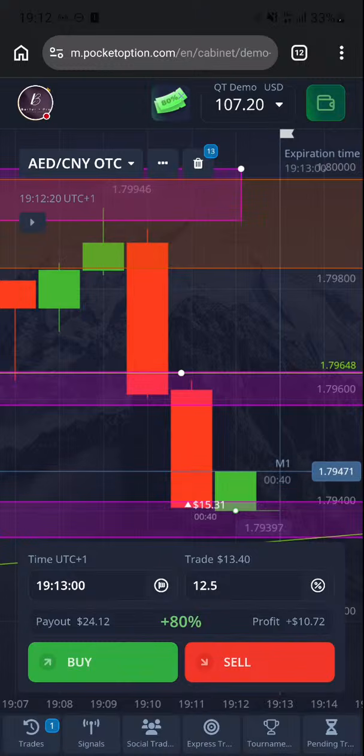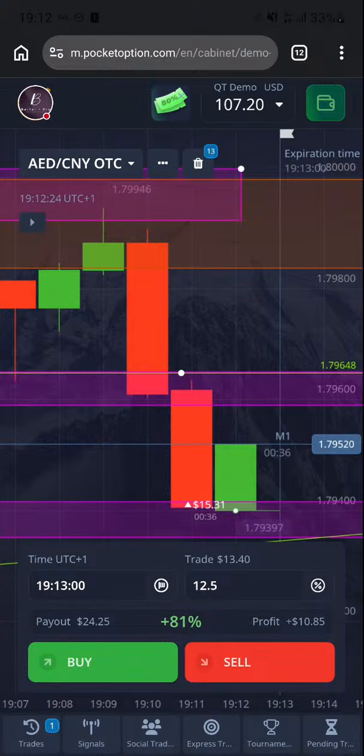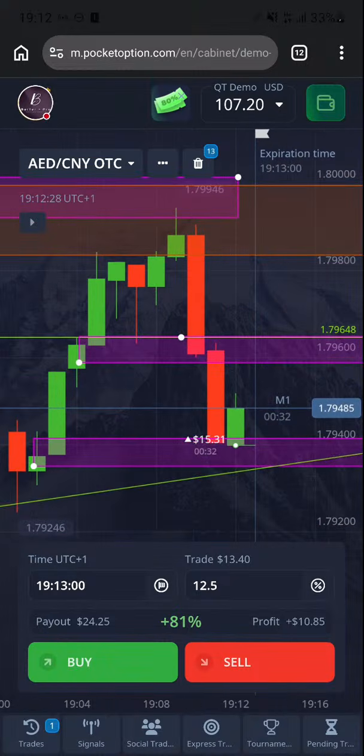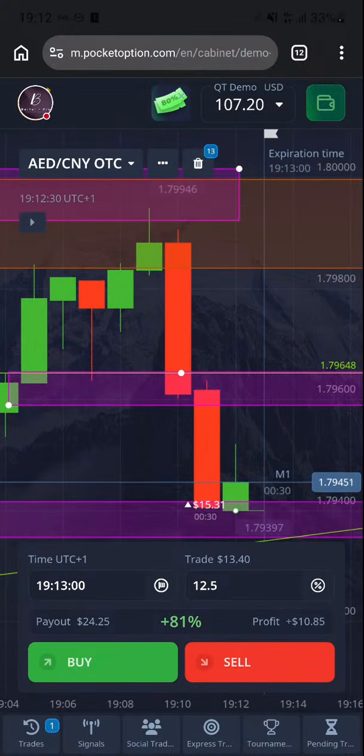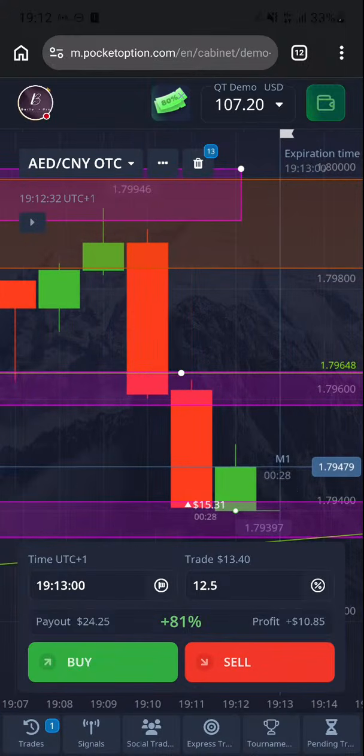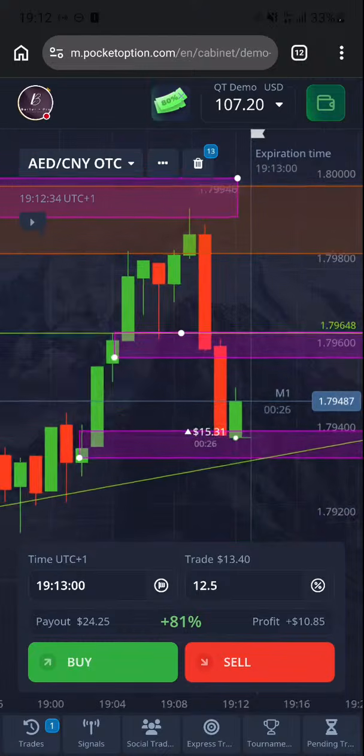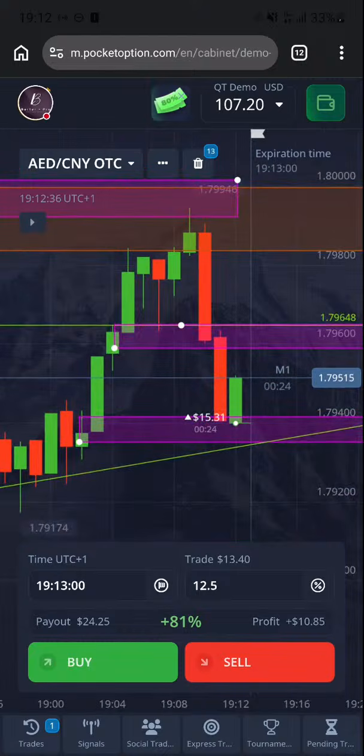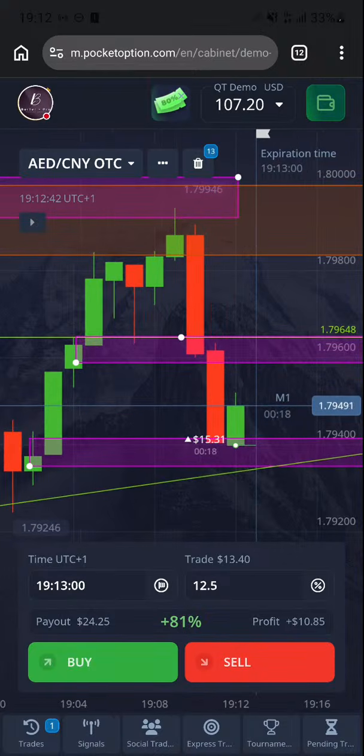I wanted to take a double trade, but it's not giving me the second shot, but no problem. We'll manage this trade the way it is.